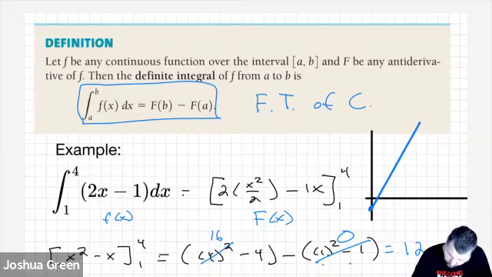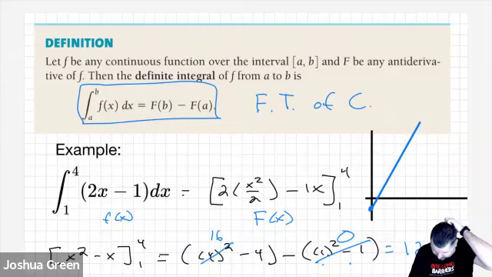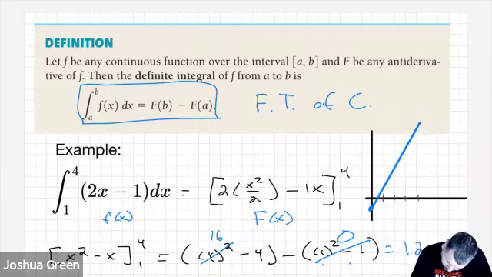Now, just to make sure, let's go and graph this so you see where we're coming from. What we're saying here is the area that we were just looking for is right here.